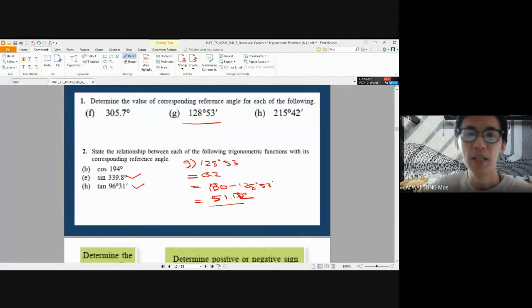Okay, how about this second question? Let's choose one question. Tangent 96 degree 31 minutes. State the relationship. So first of all, you need to determine the quadrant. Which quadrant is 96 degree in? Sorry, not first quadrant, second quadrant.